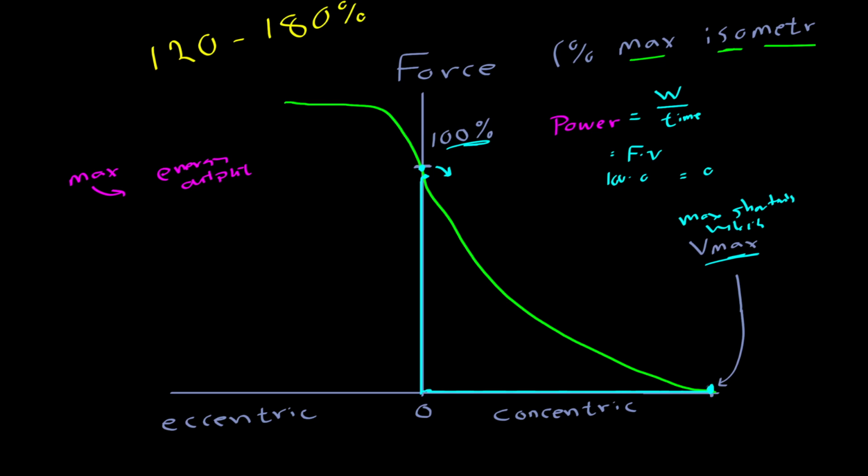So that's like a rectangle with this base, but a height of 0. So that's 0 times, we could say 100% of Vmax, which also equals 0. And again, if you nudge just a little bit up that curve, maybe to here, now you've got this much force production capability at that velocity. So the area of that rectangle is really small.